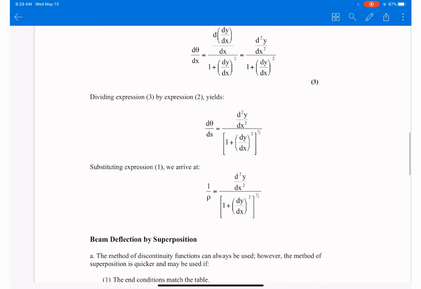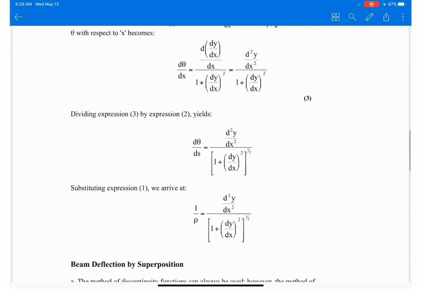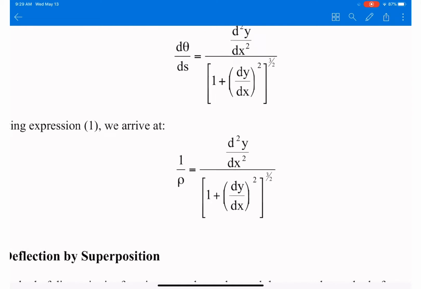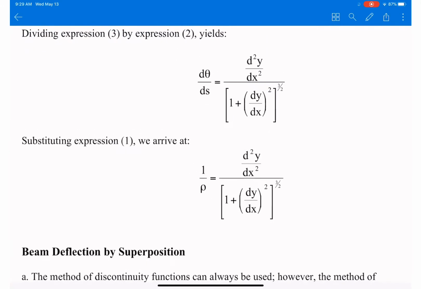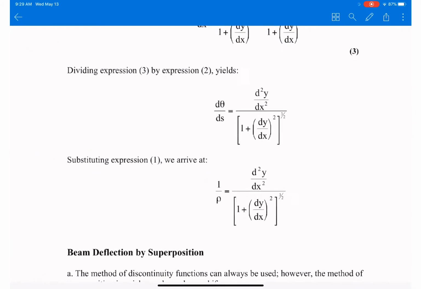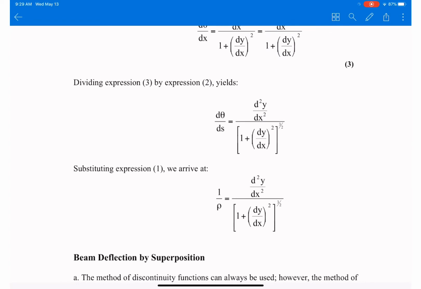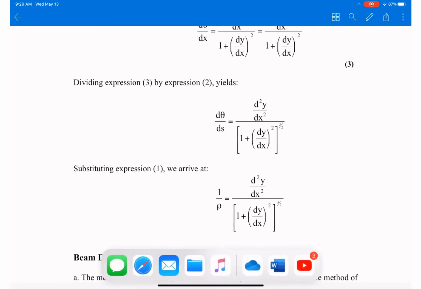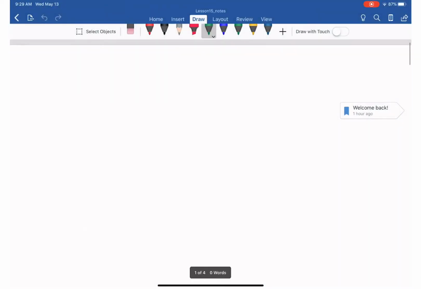I will get back to that when we get to the lesson, but keep in mind this is something you learned from calculus, and we are going to utilize it for today's lesson when we study the elastic curve for the deflection. So let's go to here.